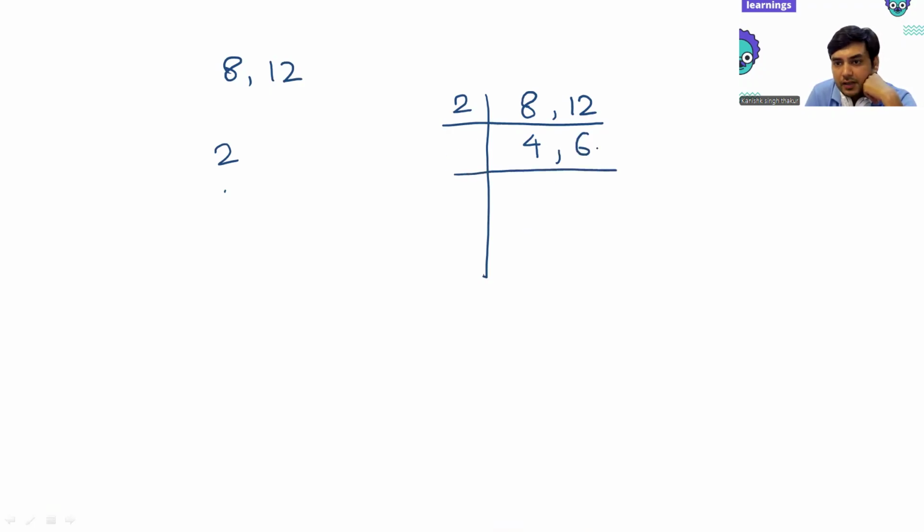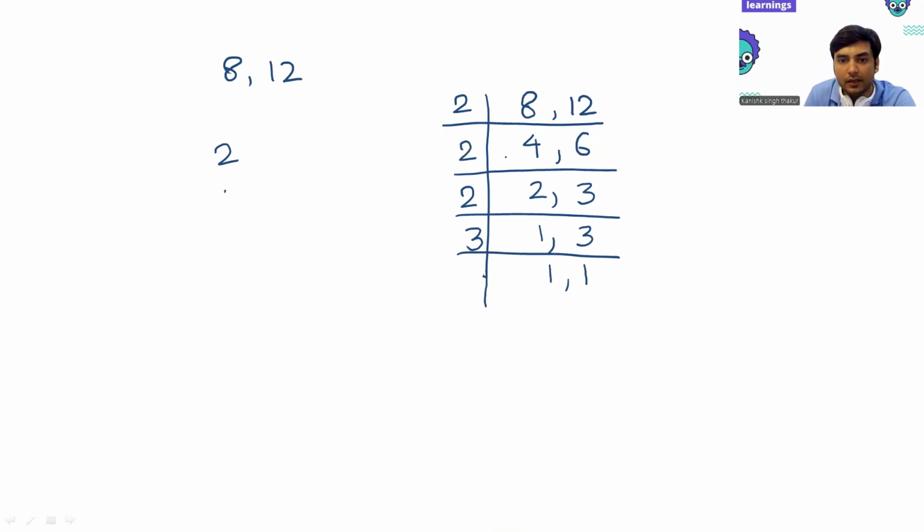Then again 4 and 6 can be divided by 2. Even if only one of them can be divided, it's fine. Leave the one which is not dividing as it is. So I'll go with 2 again: 2 times 2 and 2 times 3. Now again I can divide 2 by 2, and 3 is not dividing, so I leave 3 as it is. So 2 times 1, and 3 as it is. Now no number was divisible by 2, so I've increased the divisor to 3, and 3 ones are 3.